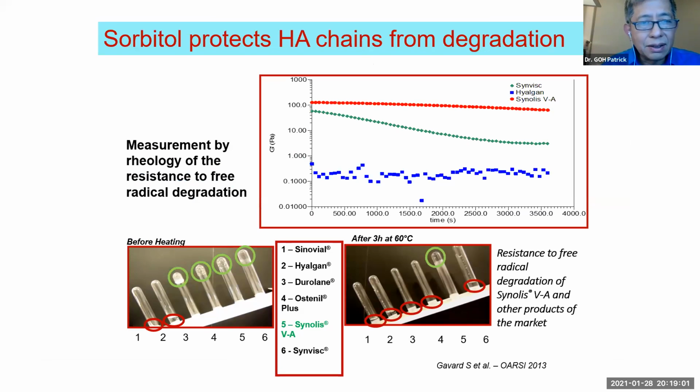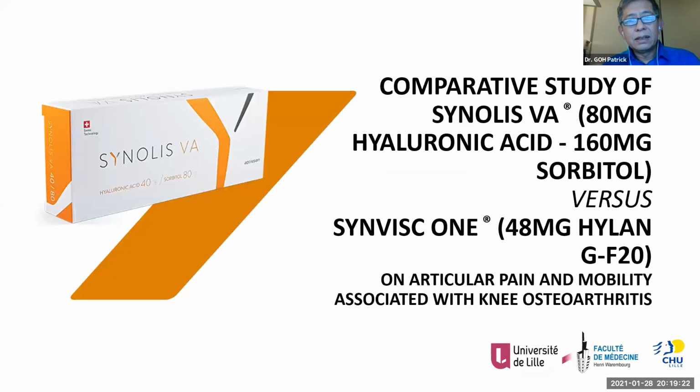This is a study from 2013, I believe, showing that Synolis, which has sorbitol incorporated, is able to withstand stress from free radicals. The resistance to free radical degradation is much higher when you have sugar incorporated.